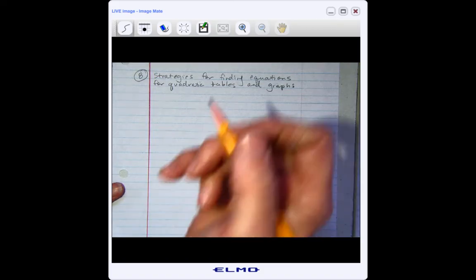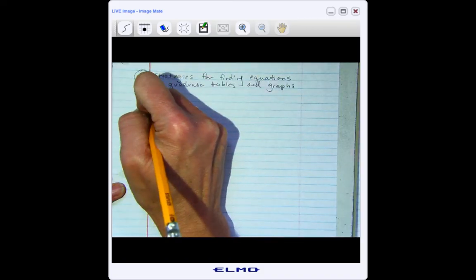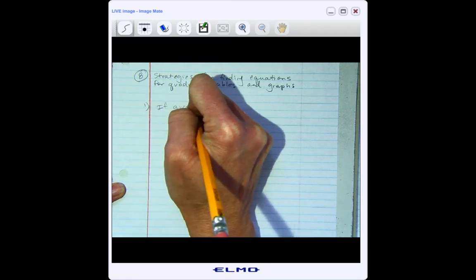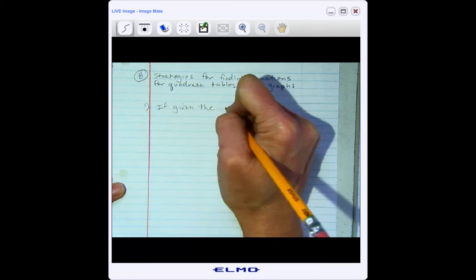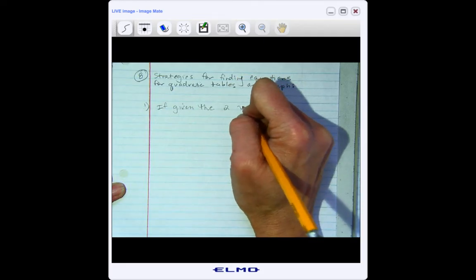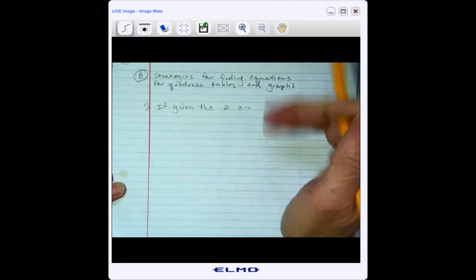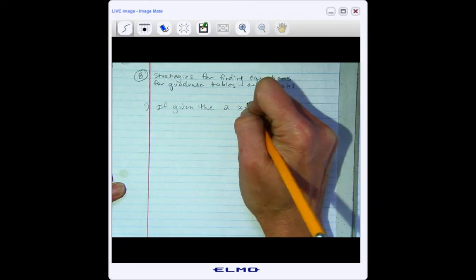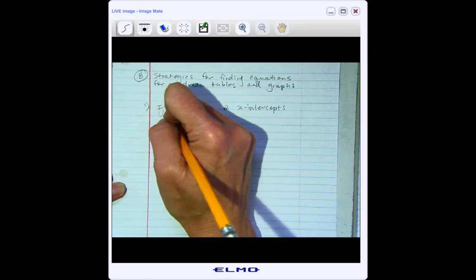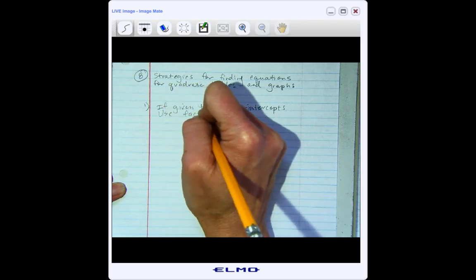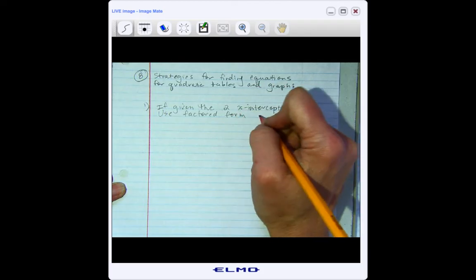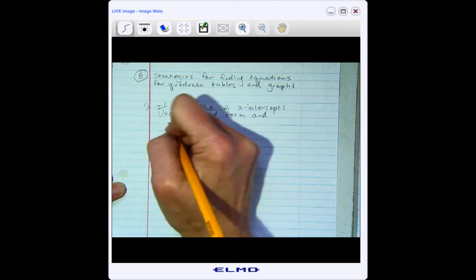So one that you worked on is, if given the two x-intercepts, okay, use factored form and find the multiplier.